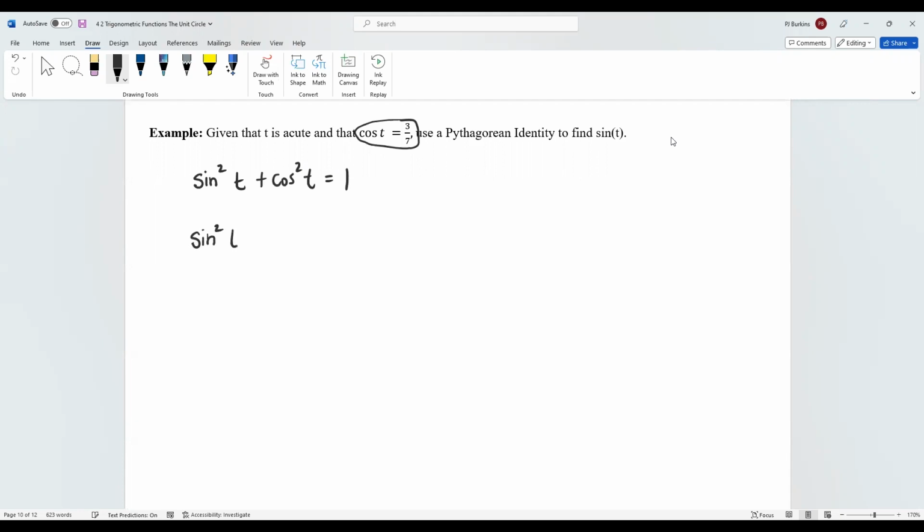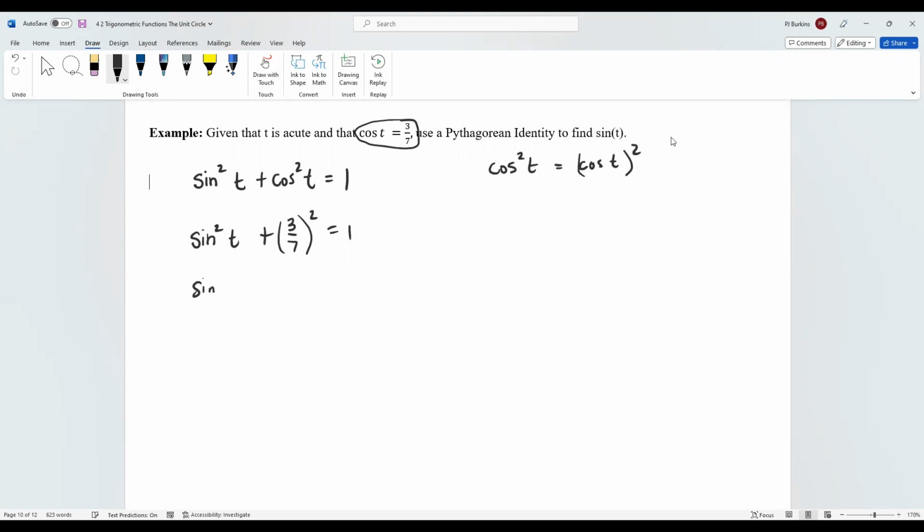So I have sine squared of t plus 3/7 squared equals 1. All right, so one thing that a lot of people struggle with, I think, is cosine squared t written this way is just the cosine of t then squared. Okay. So when I plug in, I'm just plugging in 3/7 and then squaring it.